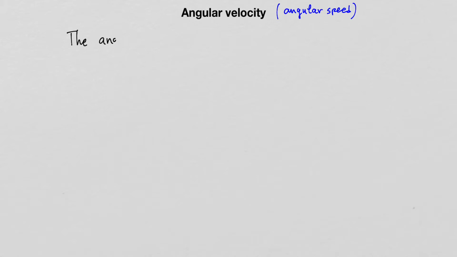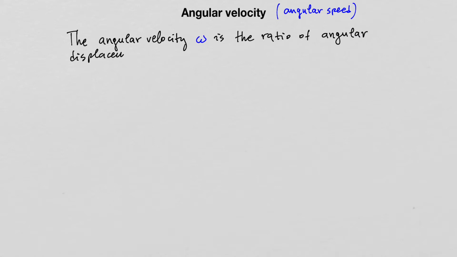So the angular velocity omega is the ratio of angular displacement, or in other words, the angle of rotation, and elapsed time.